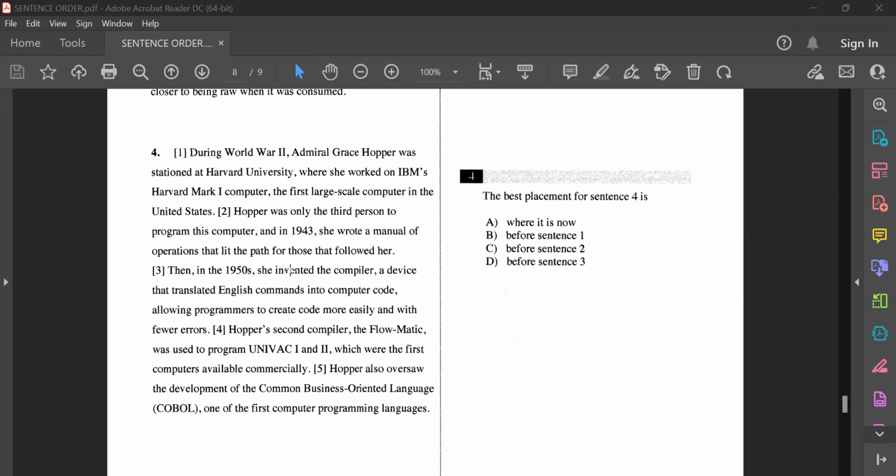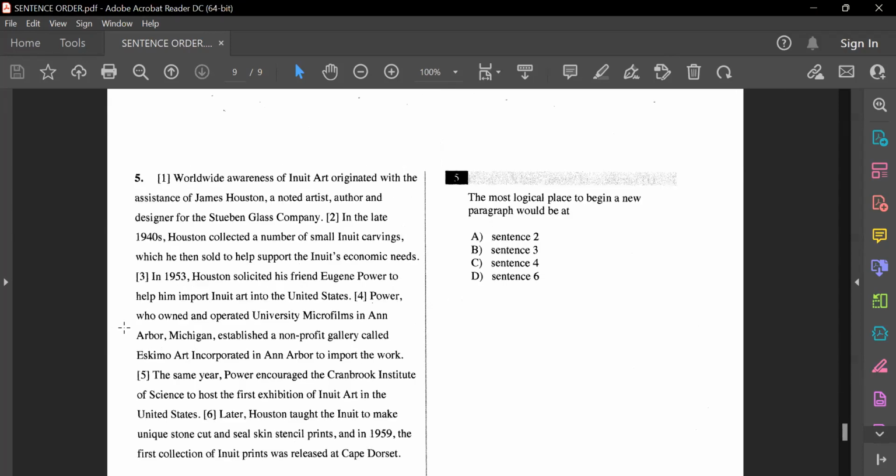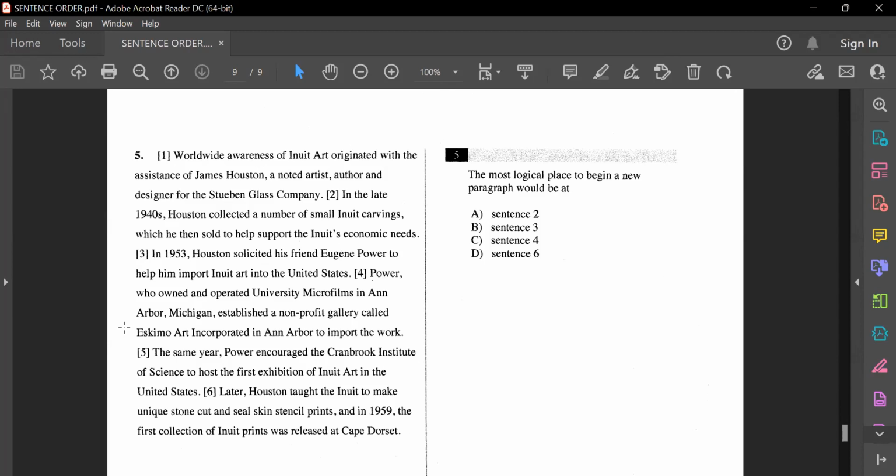That is her first compiler. Then Hopper's second compiler. Unless you mention what the first compiler does, you cannot talk about the second compiler. Understood? Got it? Yes, ma'am. Vardhan and Samiksha, understood? Can you please be louder? Yes, ma'am.